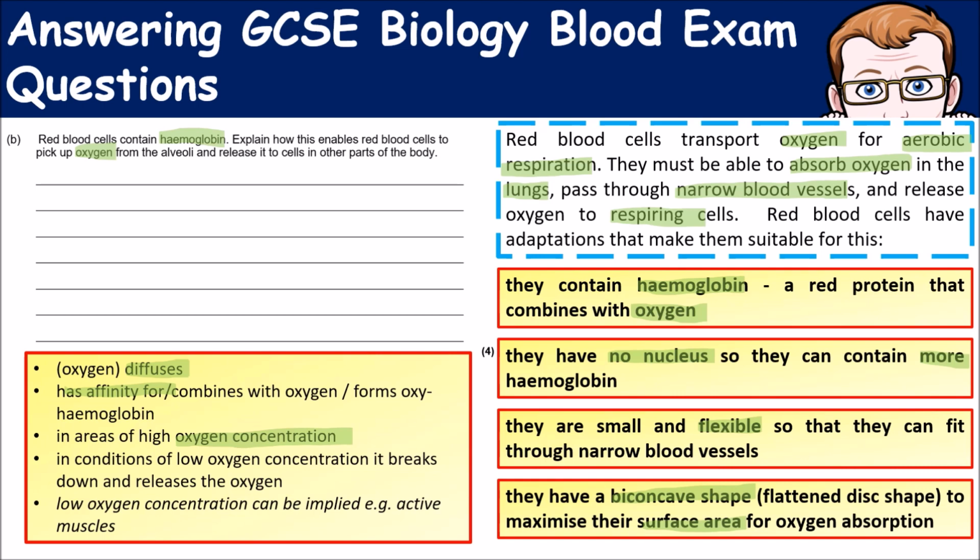In low concentrations, it allows the oxygen to break away from it, so it's released into those respiring tissues. The lower the oxygen concentration implies it's being released in muscles and such where respiration is taking place.